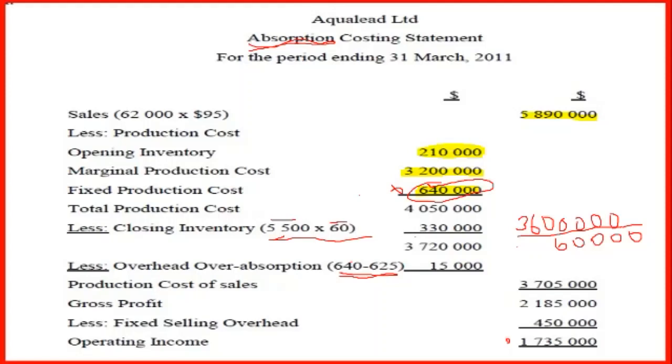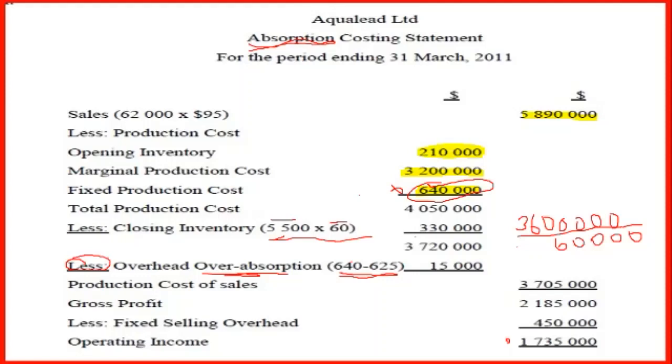Okay, but what you need to know here is the under or over absorption. In this case, we have an over absorption. It is added on. Did I say that correct? We have an over absorption, so it is minus, right? If you had an under absorption, you would add it on. Okay, and we get the production costs of sales.